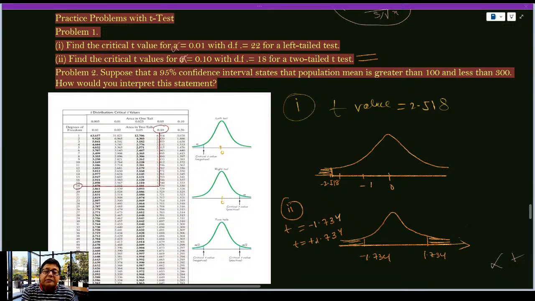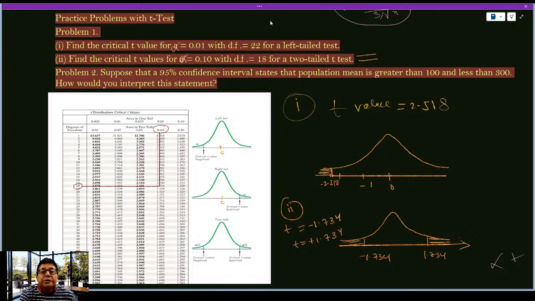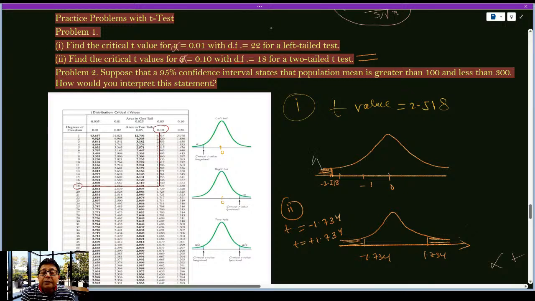Acha, for negative let me discuss. So this region is going to be rejected region. We are writing RR. And this region is accepted region, meaning if that theoretical t value falls over there, we will accept it.